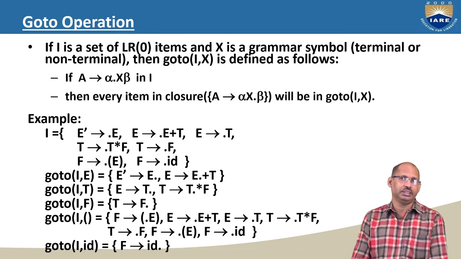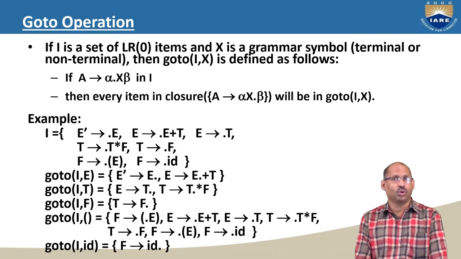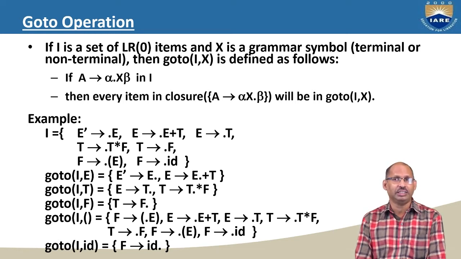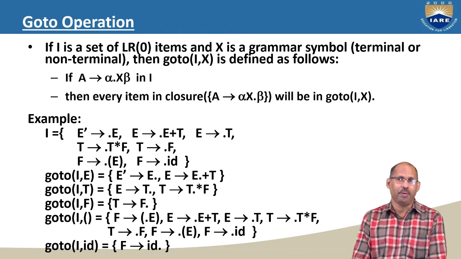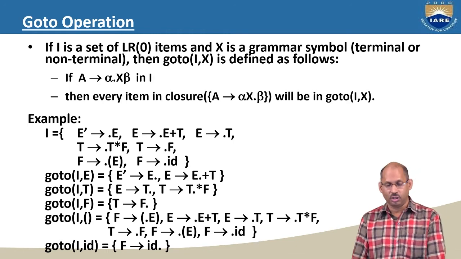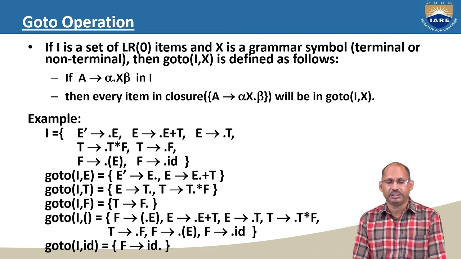Then the Goto operation. Remember that the closure operation and the Goto operation are the two main operations by which we can construct the SLR parsing table. Now, what is a Goto operation?